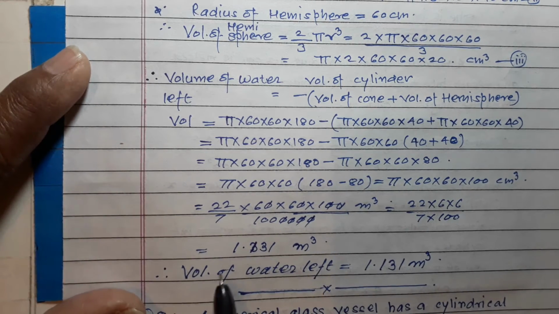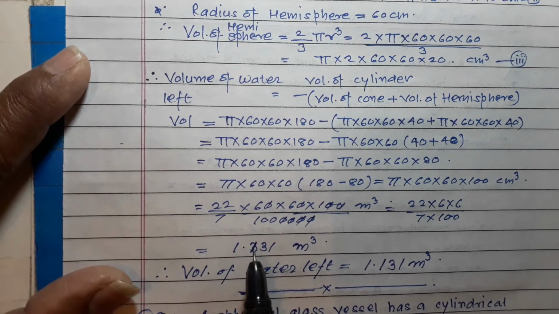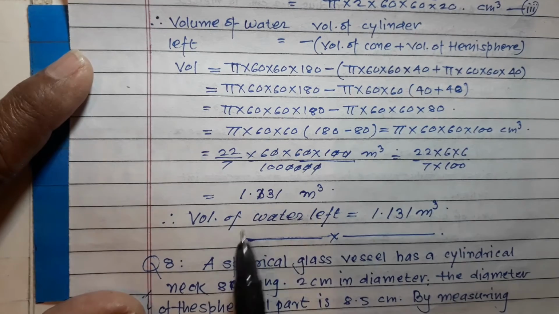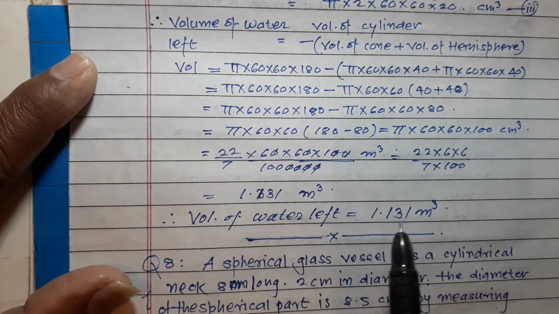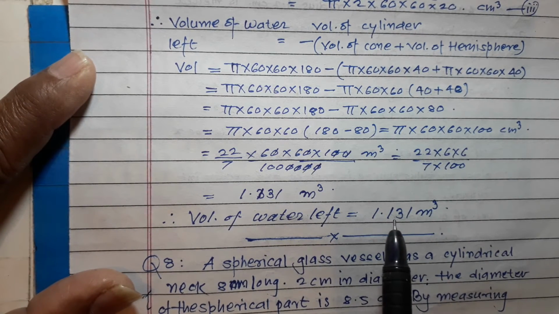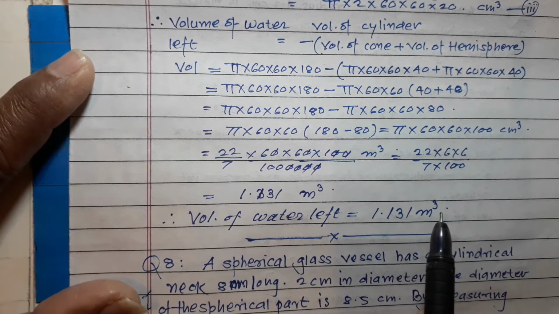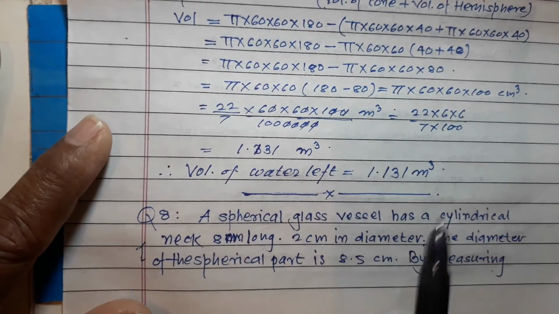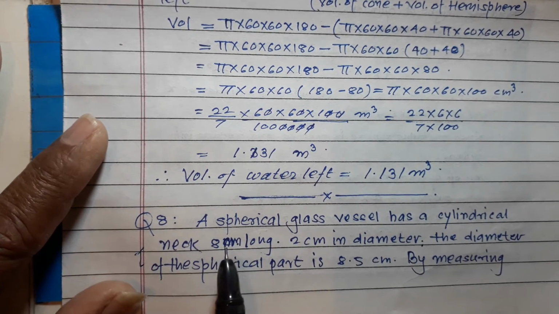If you simplify this, you will get 1.131 meter cube, and hence volume of water left is equal to 1.131 meter cube. Okay.